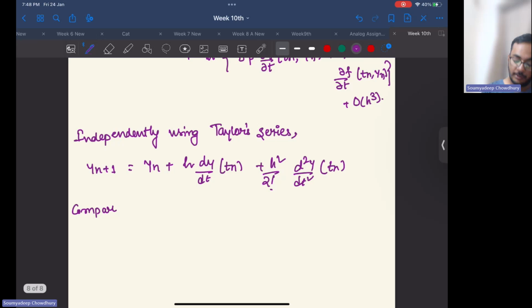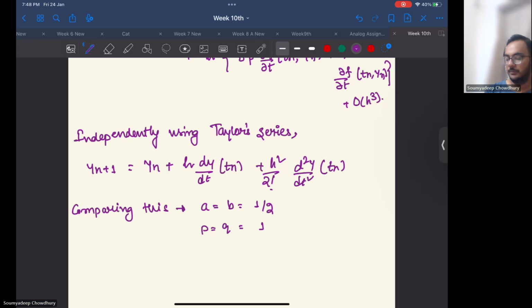So in the Taylor series we can simplify it like this. Comparing this, we can find it out: a and b will be equal to half, and pq will be equal to 1.